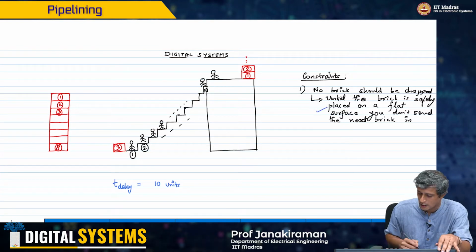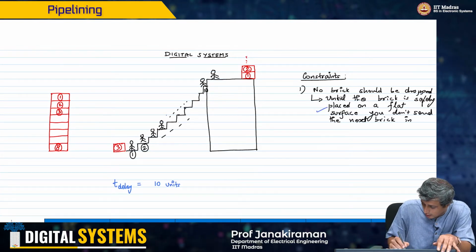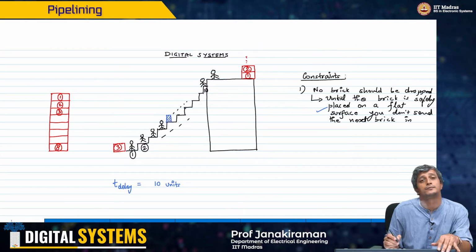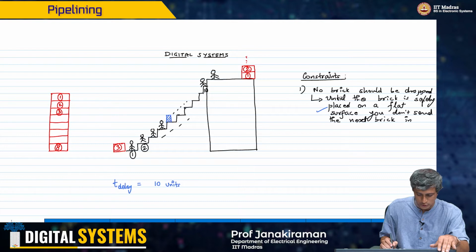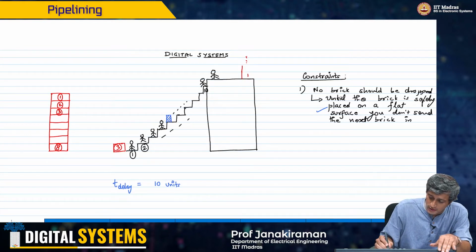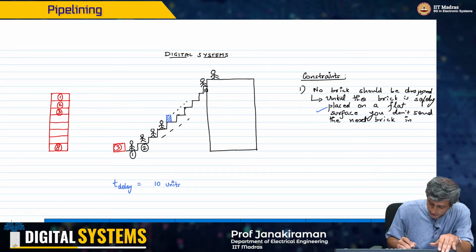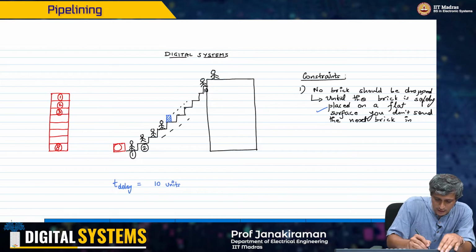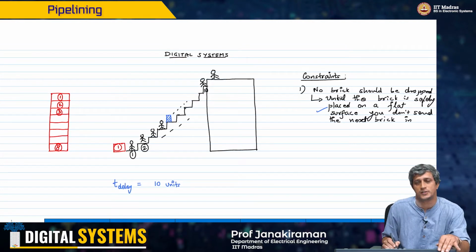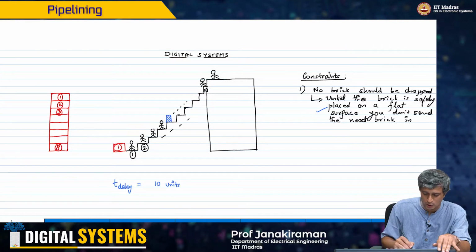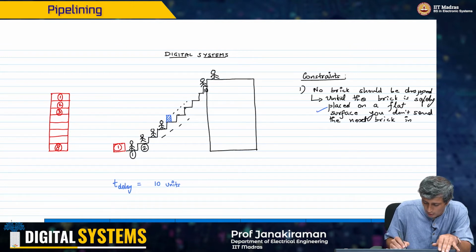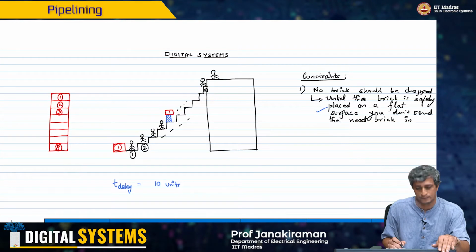what I can do is somewhere here I will build one pedestal. So now what you are going to do is the following. You will send brick number 1 into this system. Some 5 people or 4 people or whatever will carry it, and eventually the brick will come here.